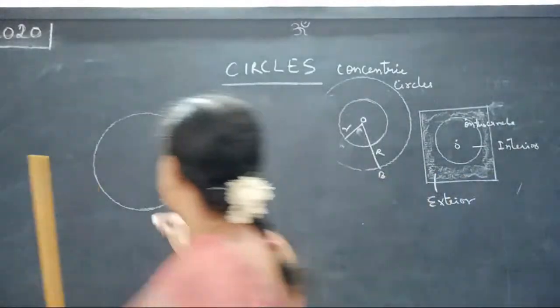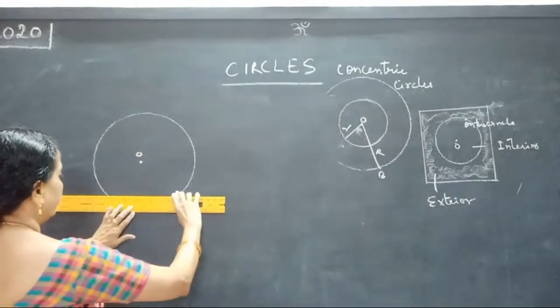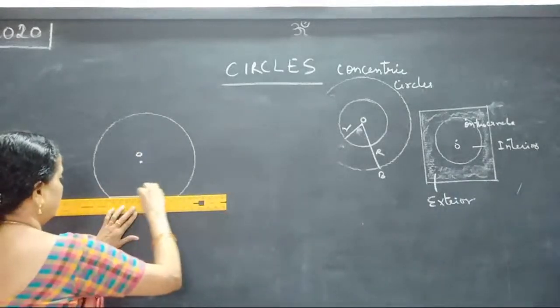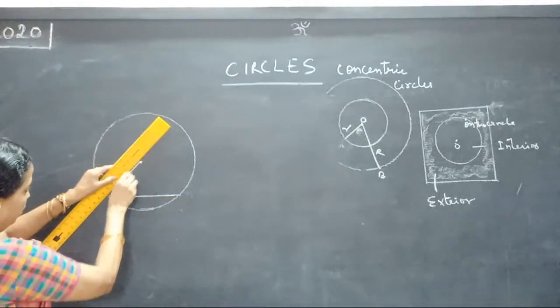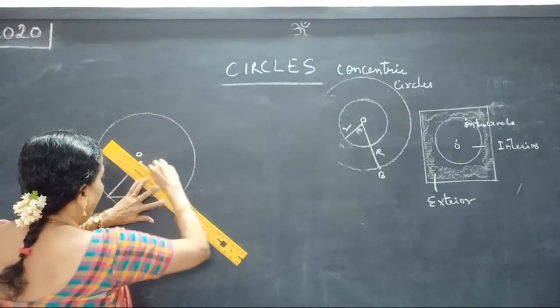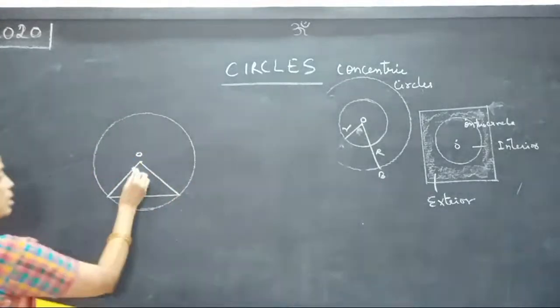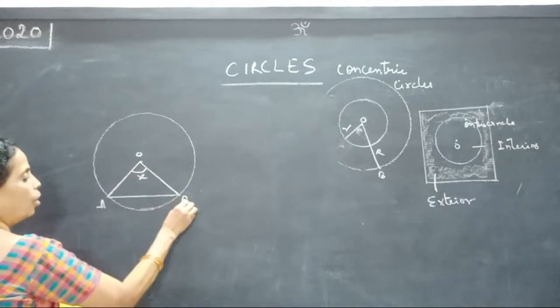This is the center of the circle. Take a chord here. When we join its ends to the center of the circle, we say that is the central angle. Central angle X is formed by the chord.